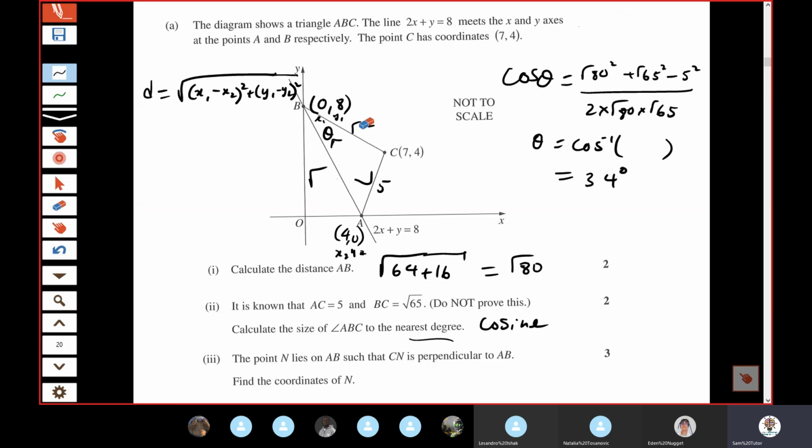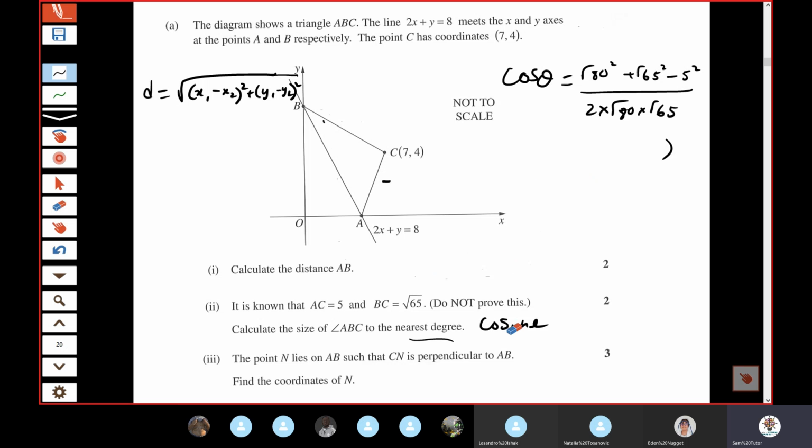The point N, like I said, I gave you guys the clue, and the clue should be enough for you to at least start. I can see you are not starting, and that's a problem. Just start. Don't try to do it in your head. It's math. It's meant to be written down. When you write it, you'll be very surprised.